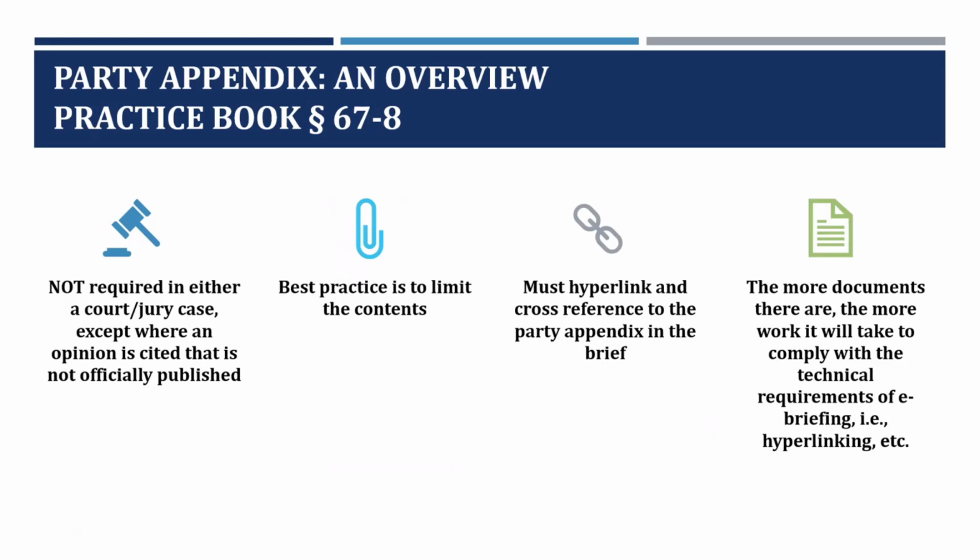And we do not start again with page 1. In fact, the cover to your appendix is going to start off with a page number that follows the last page of your brief, which is probably your certification page. And then the table of contents will continue from there and through the pages of your appendix.